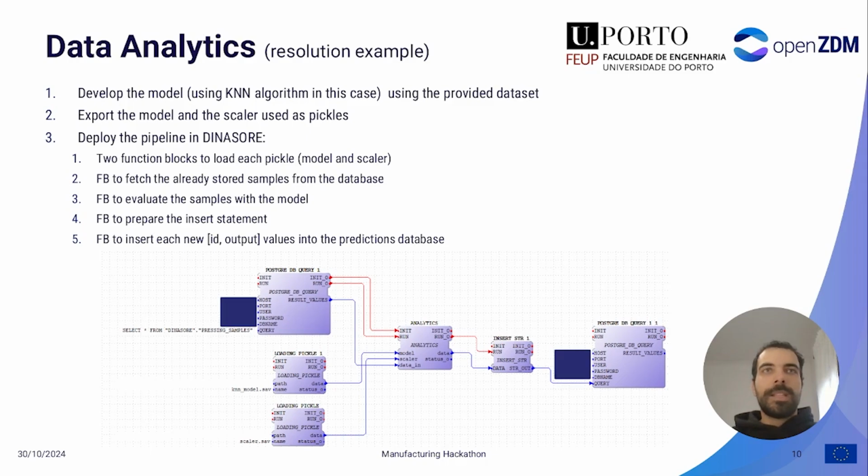Moving to the data analytics side, we suggest developing a predictive model using the k-nearest neighbors (KNN) algorithm, training the model with the dataset provided during the hackathon, creating then a scalable solution. We exported the trained model and its scaler as pickle files and deployed them using Dinosaur. The deployment included function blocks that fetch stored samples, evaluate them with the model, and insert new predictions into the database.